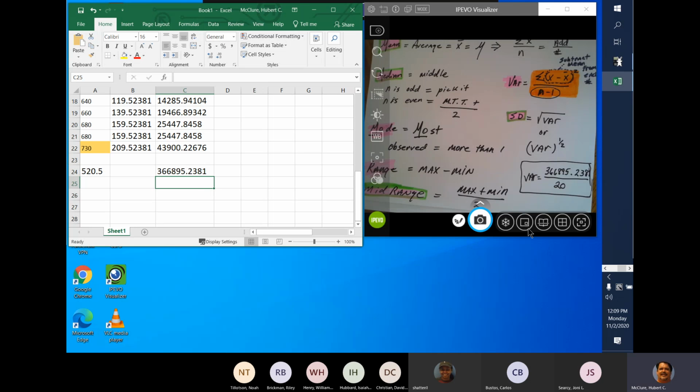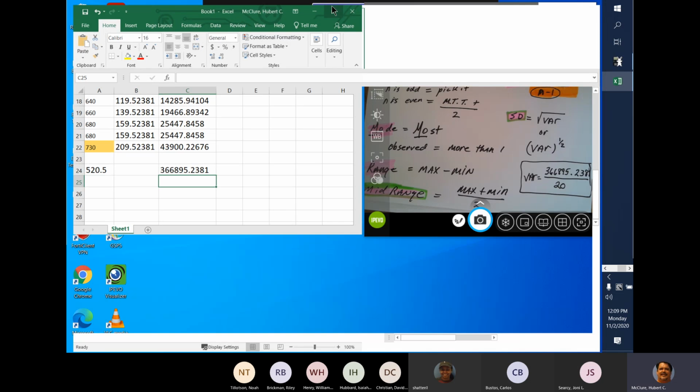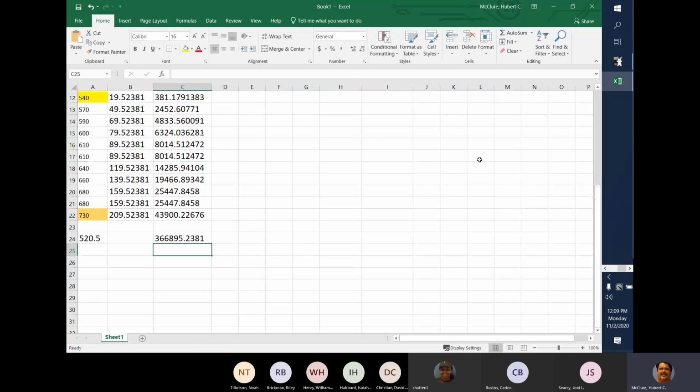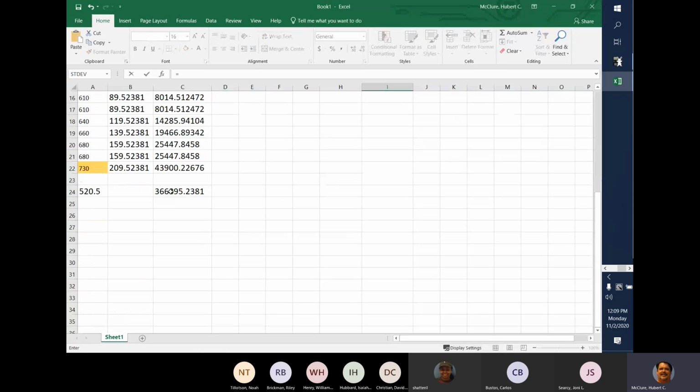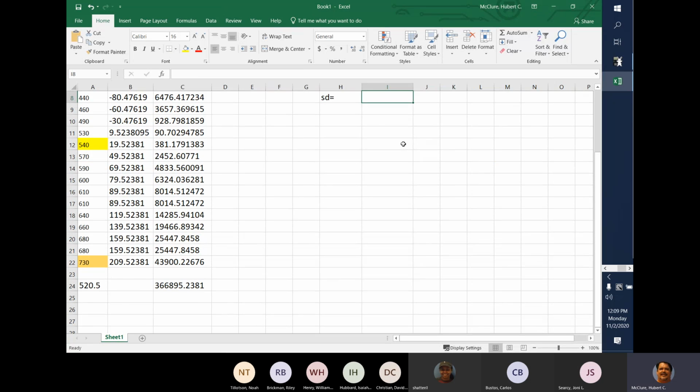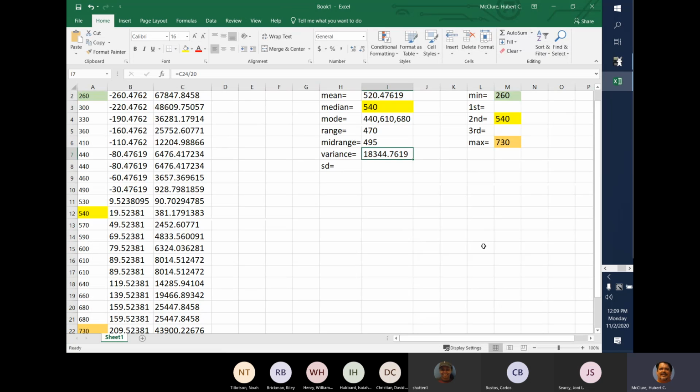I'm going to make sure y'all get both of these down. So my variance is equal to this big number right here divided by 20. And that is your variance.